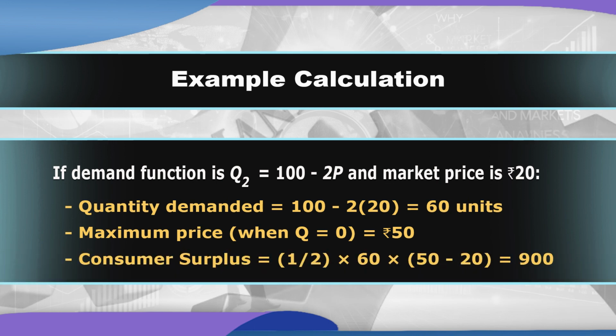The total consumer surplus in this market would be half into base, that is the quantity demanded, which is 60 as we calculated, into height, that is the gap from the highest possible price and the current market price, 50 minus 20. This gives us a positive value of consumer surplus of 900 units.